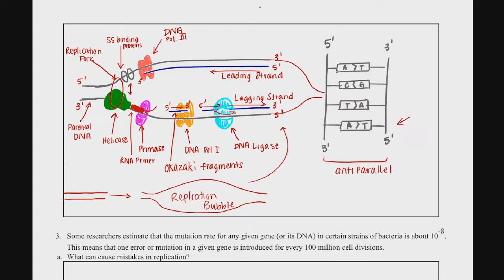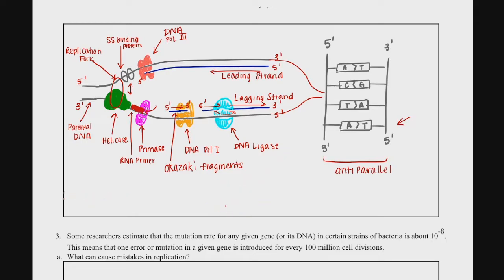They don't both go towards the replication fork, and both the lagging strand and the leading strand are utilized. I'll draw something down here. So let's say this DNA is getting replicated. We'll make the top the leading strand, the bottom the lagging strand. So both of these DNA strands that are now single are both going to get replicated.